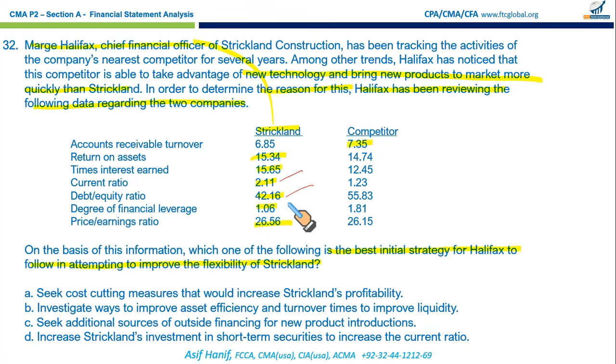Why do we bring the product late? There should be some good reason. Let's see. We don't find the answer in profitability. Our competitor has borrowed more money from the banks. He has less liquidity, has more debt, means he is using debt in business operations. Using debt is usually considered bad.